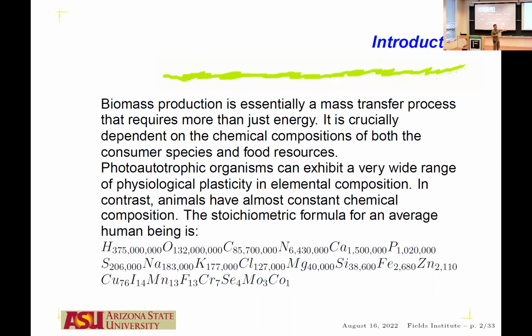Even for humans, of the elements we need, the most is hydrogen and the least is cobalt, which is also used in many batteries. Our body is really a collection of molecules, and they take this form, in this kind of proportion.